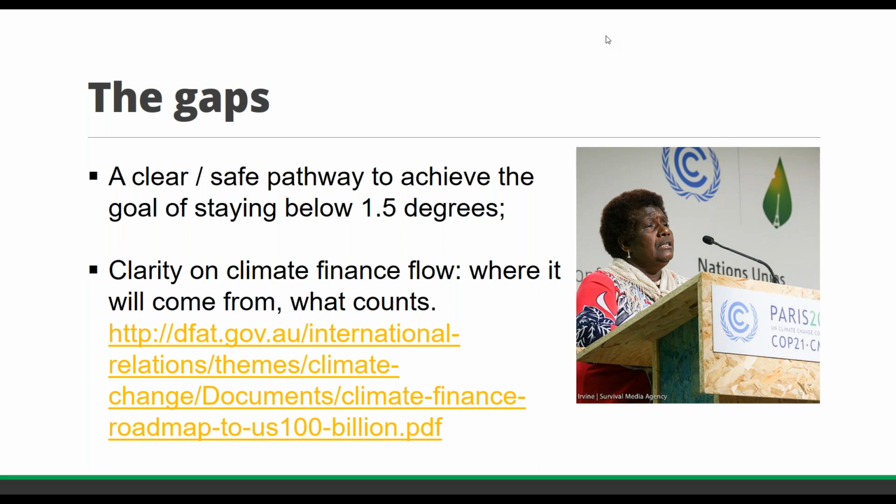And so this could include, for example, large-scale technology fixes, geoengineering, etc., technologies that we're highly concerned about, really large-scale bioenergy, carbon capture and storage.